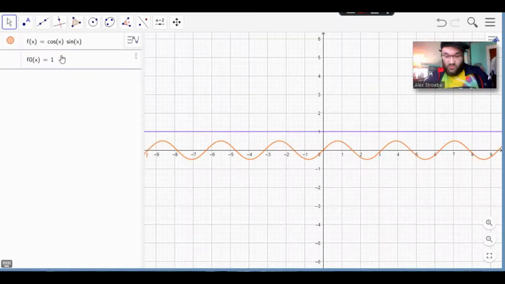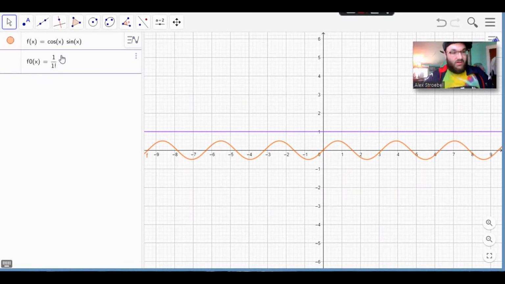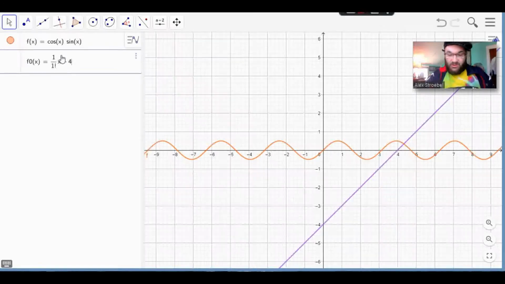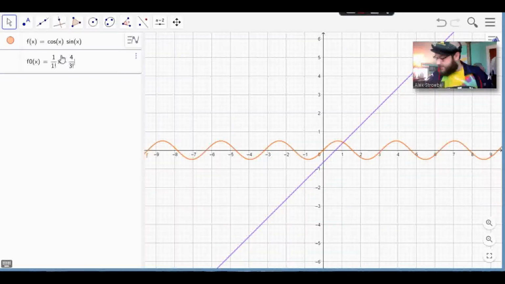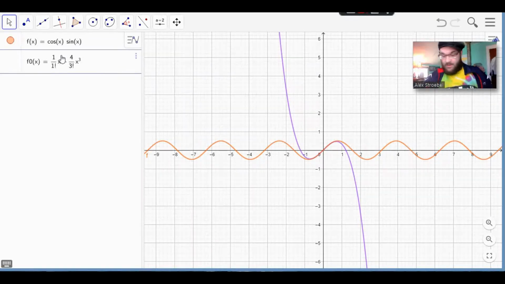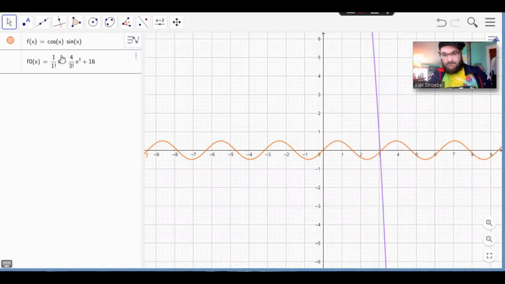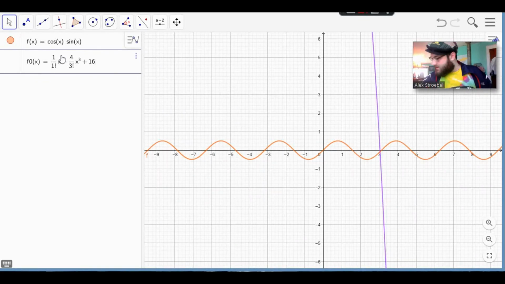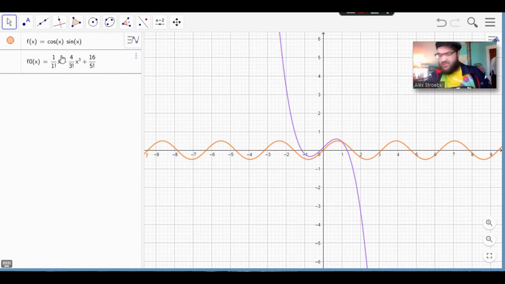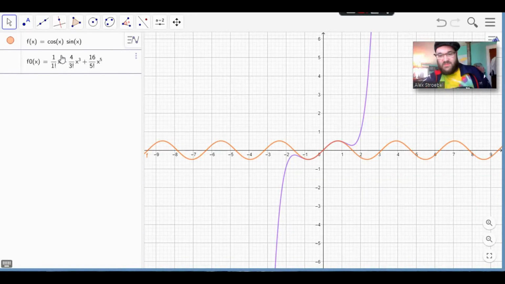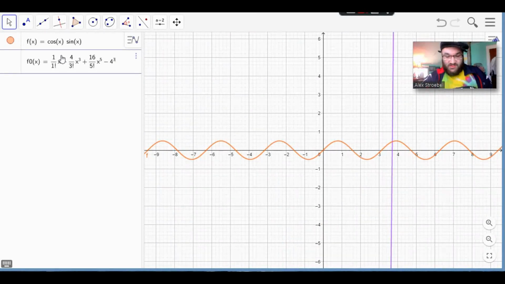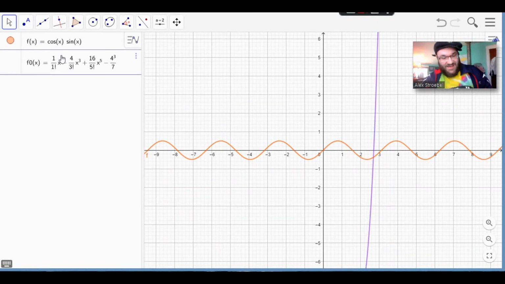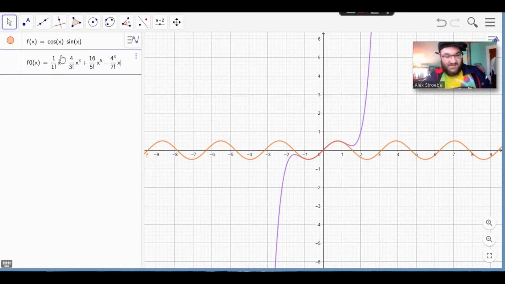And then our first term was 1 over 1 factorial of x, then minus 4 over 3 factorial of x to the third, plus 16 over 5 factorial x to the fifth, minus 4 to the third over 7 factorial x to the seventh.